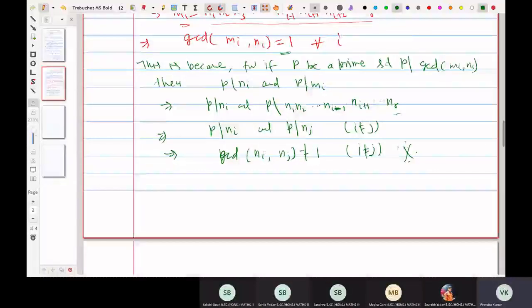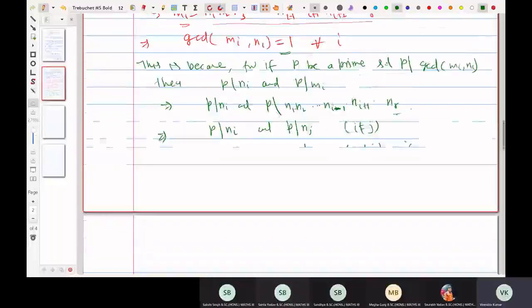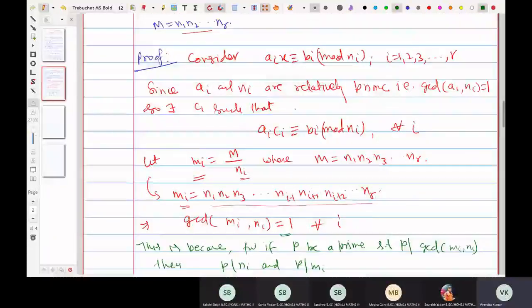So next, what we have assumed is that there is a solution because of the consideration that a_i and n_i are relatively prime. So there should be a solution to each equation, and this solution is nothing but c_i.